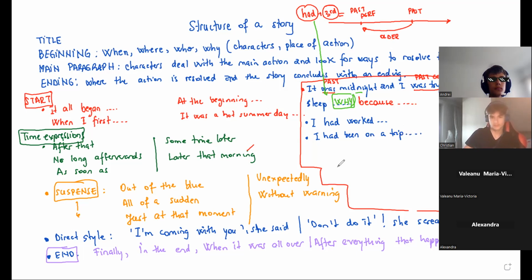Pentru că, de ce încercam să dorm? Pentru că nu mai dormisem de 20 de ore. Because I hadn't. I hadn't had much to sleep. Vezi că l-ai deja pe had. I hadn't. Forma a treia lui sleep?